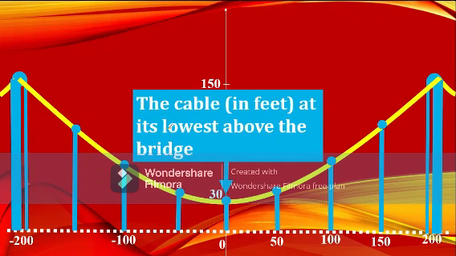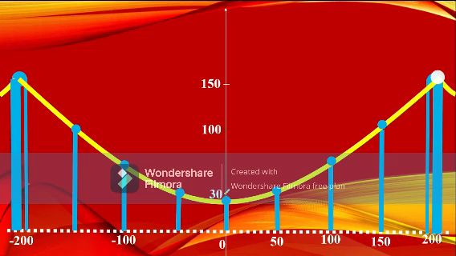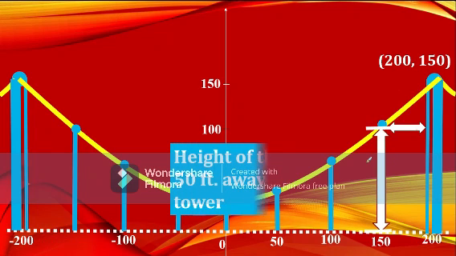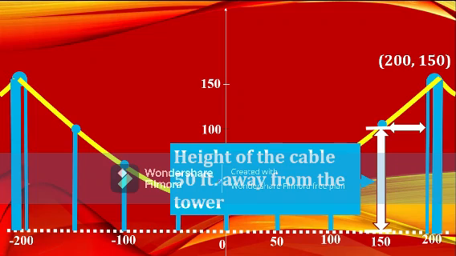The cable at its lowest above the bridge is this one. You have 30 feet. Okay? And this is 200, 150. This is the point. The question is 50 feet away. What is the height of the cable 50 feet away from the tower?